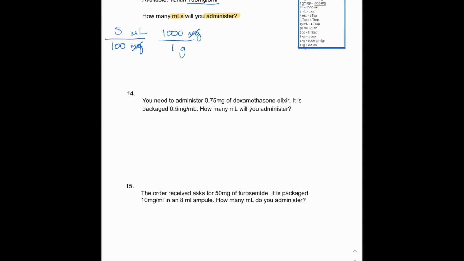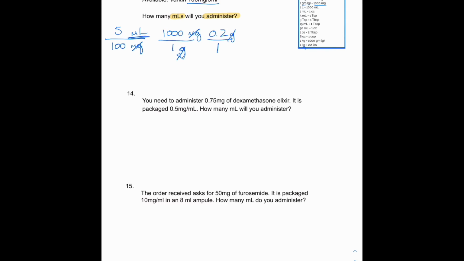So, but I'm still stuck with grams. That's cool because that's what my order is in grams. So now I can plug that in. Again, I want these to cancel, so I'm going to put the grams up top. 0.2. Those cancel. All I'm left with now is my mils. So now I can multiply across.